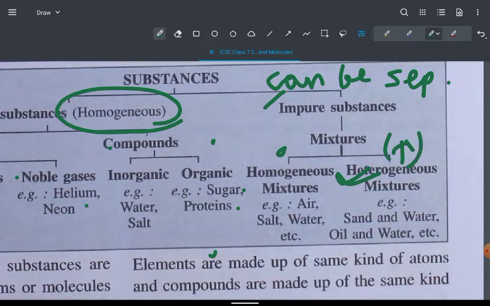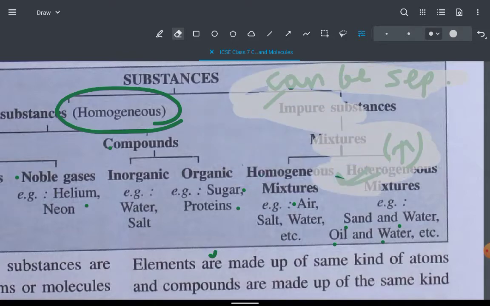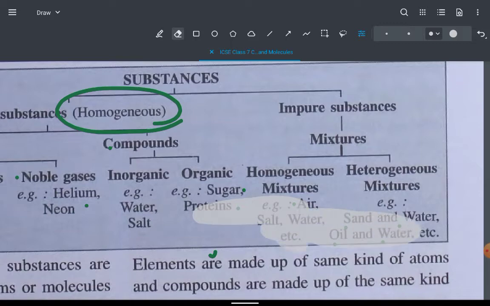Examples are sand and water, or oil and water. And homogeneous means they are properly mixed. They cannot be separated. Air, for example, is made up of nitrogen, oxygen and other gases. From air, can you separate out nitrogen and oxygen? You cannot, right? So it is homogeneous. Or salt and water. If you mix salt and water, you get salty water. From that can you separate salt? Normally you cannot. So they are homogeneous.